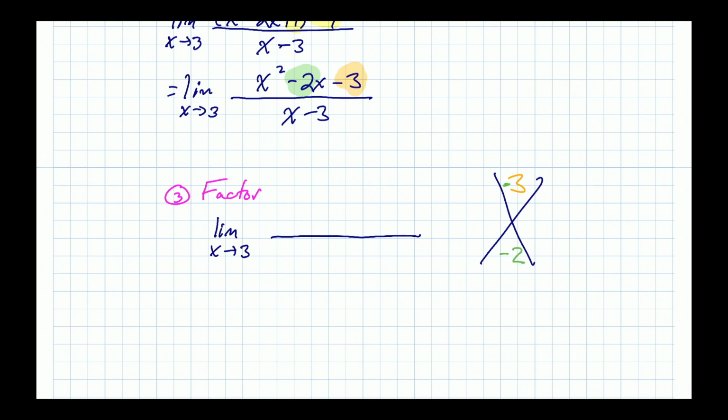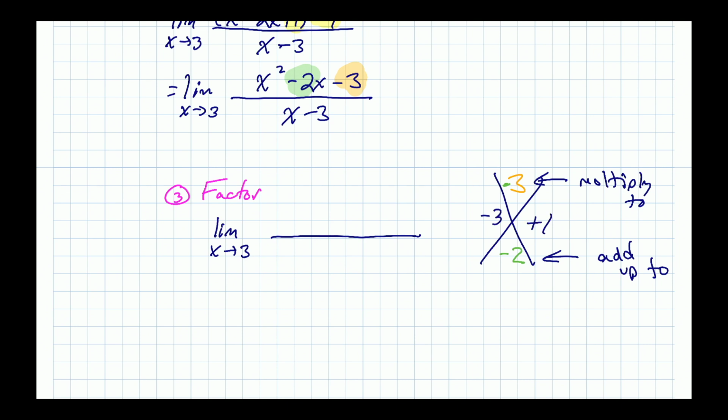All right. And then what you're going to do is try to find numbers that multiply to this one and add up to this one. So you're looking for numbers that multiply to -3 and add up to -2. So you just think about it for a while, and then you come up with -3 and +1. Right?